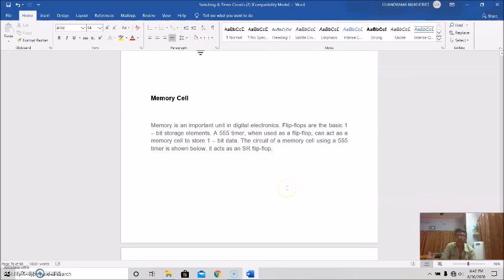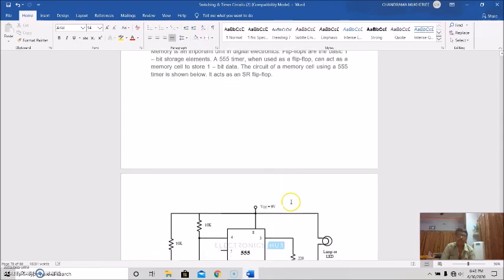Then the memory cell. Memory is an important unit in digital electronics, and flip-flops are the basic 1-bit storage elements. A 555 timer, when used as a flip-flop, can act as a memory cell to store 1-bit data. The circuit of a memory cell using a 555 timer is given here.